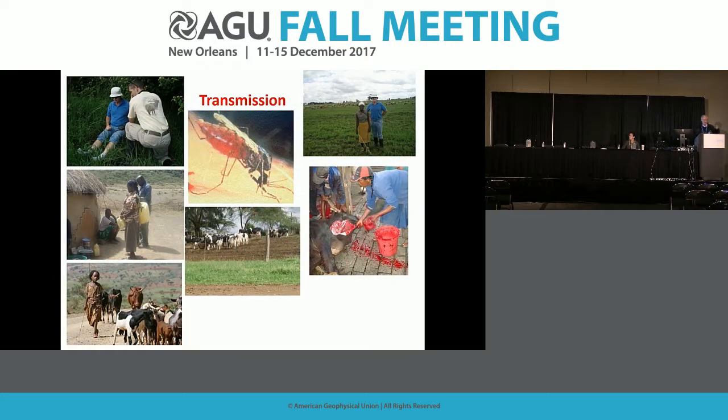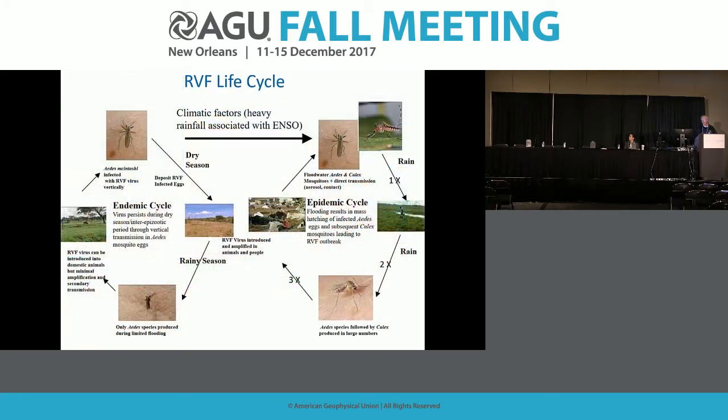Other ways you can get Rift Valley fever is by handling animal tissues or abortuses, or just harvesting animal products. If they're infected with the virus, people can become infected. So we've worked out over a number of years a life cycle that involves an endemic cycle shown on the left here, and then also an epidemic cycle.